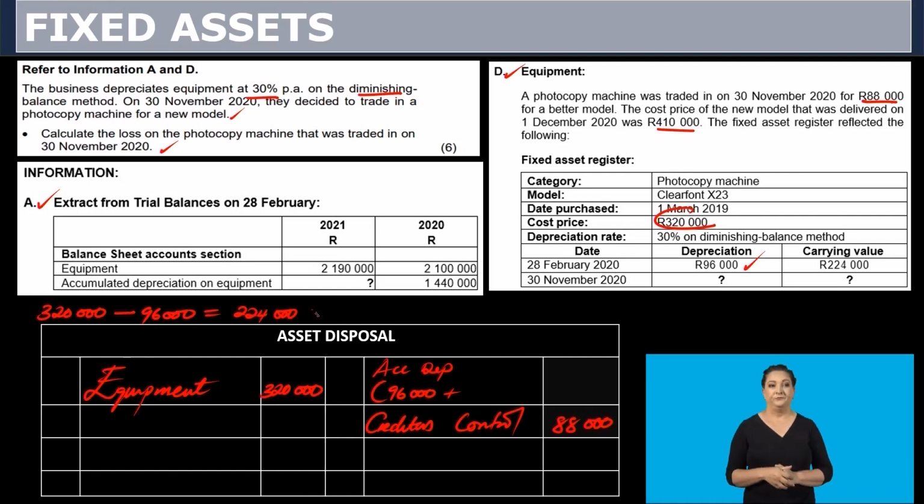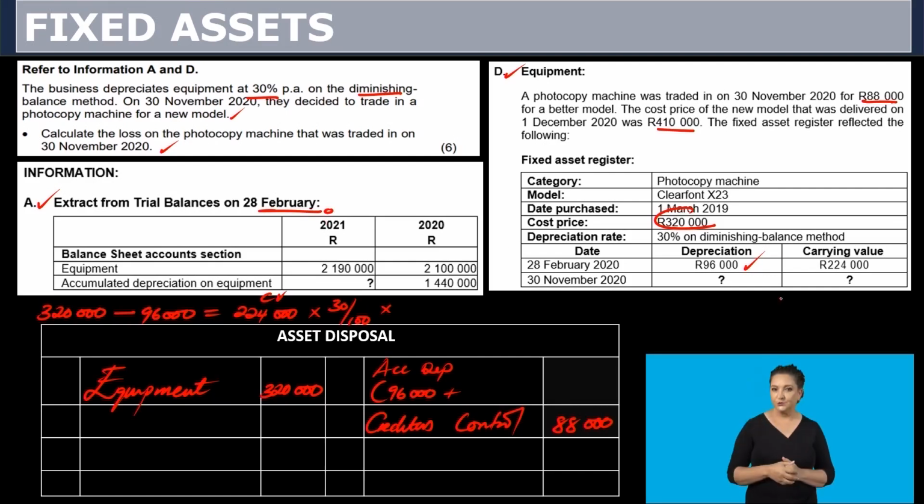And then, when I have my carrying value, then I can multiply it with the rate, which is 30%, multiply by 30 over 100. Then I multiply that by the number of months that we had the asset for in this year. So, we know that this is ending on the 28th of February. That means it begins in March.